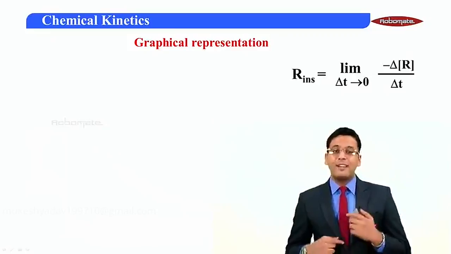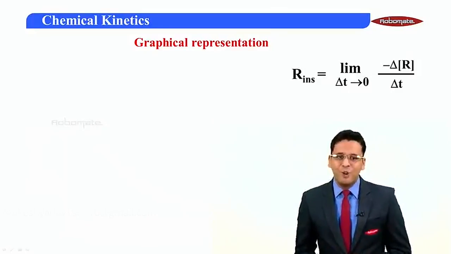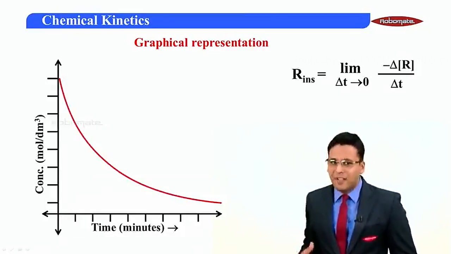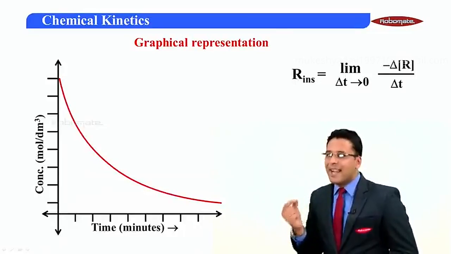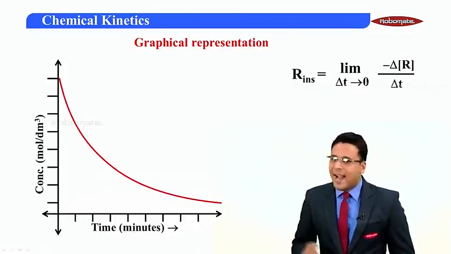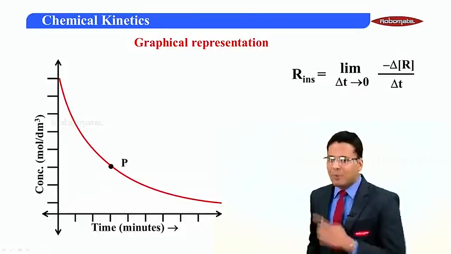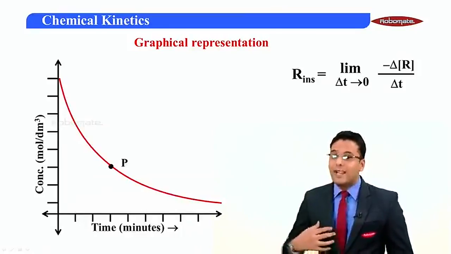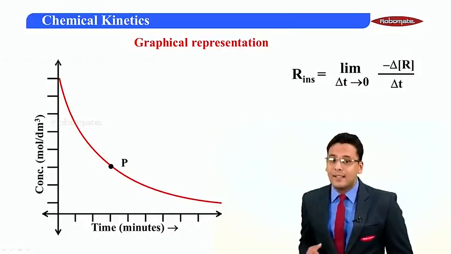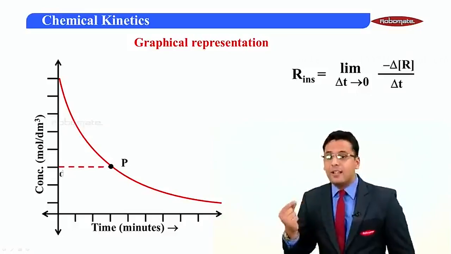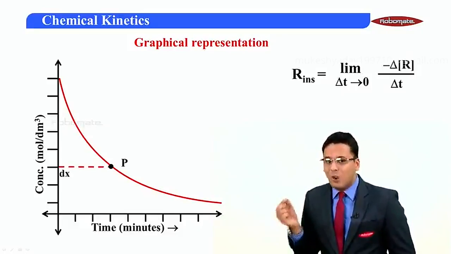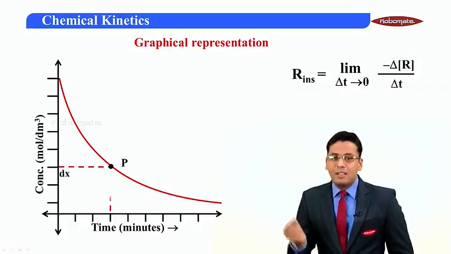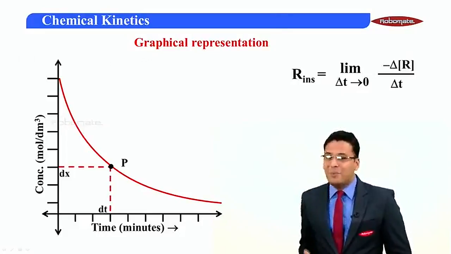Once again, so that I can reiterate this across to you, if you have a graph of concentration of reactants versus time, at any point of time, say at point P, if I want to find instantaneous rate, since the difference taken will be really small, the difference in concentration will be very small, the difference in time will be very small.